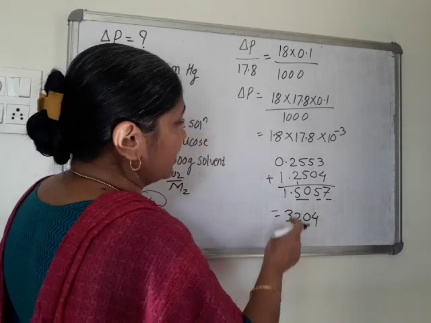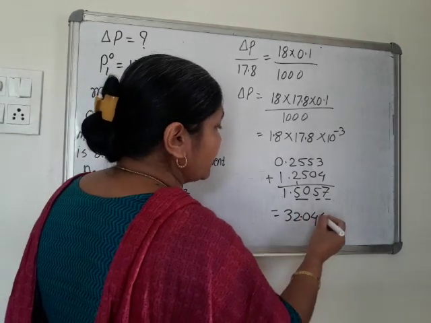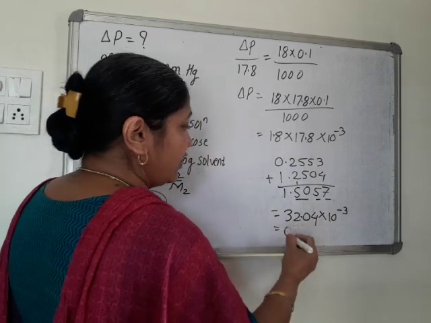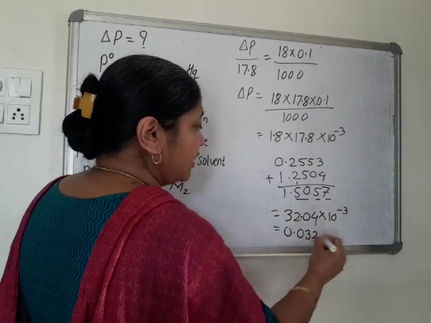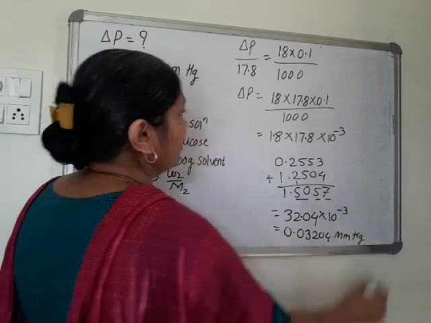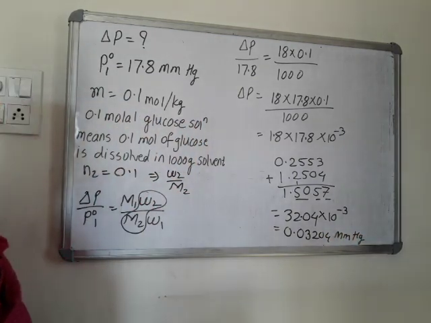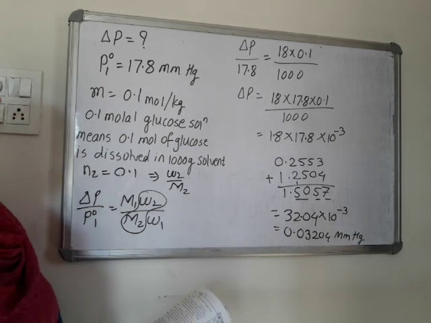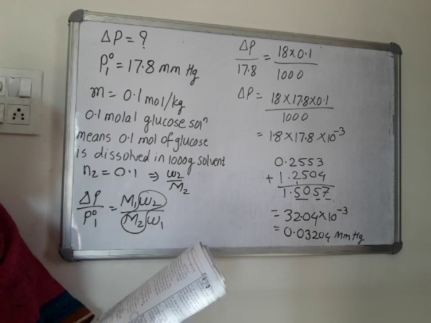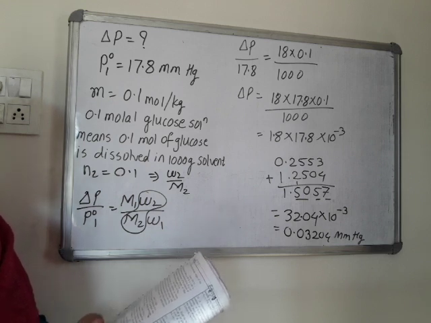Characteristic is 1, so it will be 32.04 into 10 raised to minus 3. So shift that decimal, and it becomes 0.03204 mmHg. Check it. All the things are correct. Okay, so answer is 0.03204.